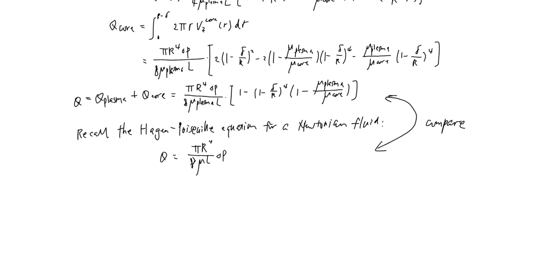So that means the apparent viscosity or the effective viscosity of the entire blood, mu apparent, is a correction on the viscosity of the plasma: mu plasma divided by 1 minus (1 minus delta over R) to the power of 4 multiplied by (1 minus mu plasma divided by mu core).